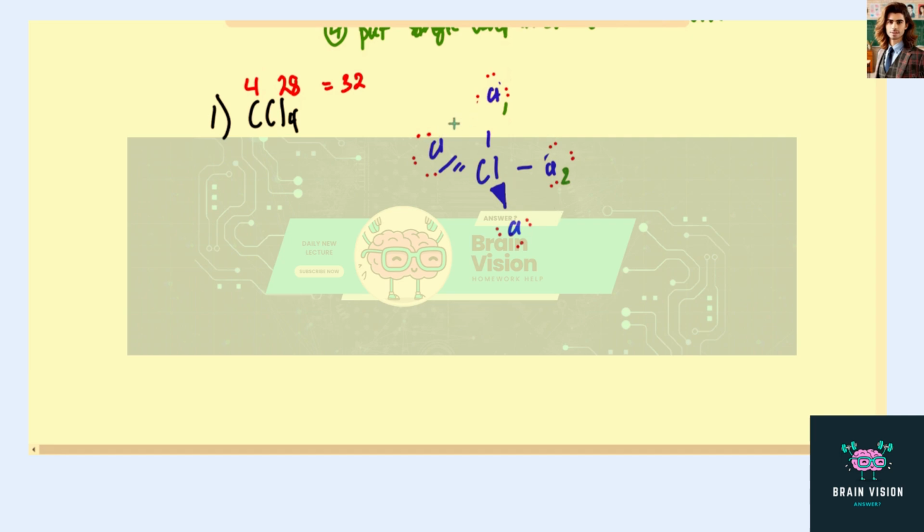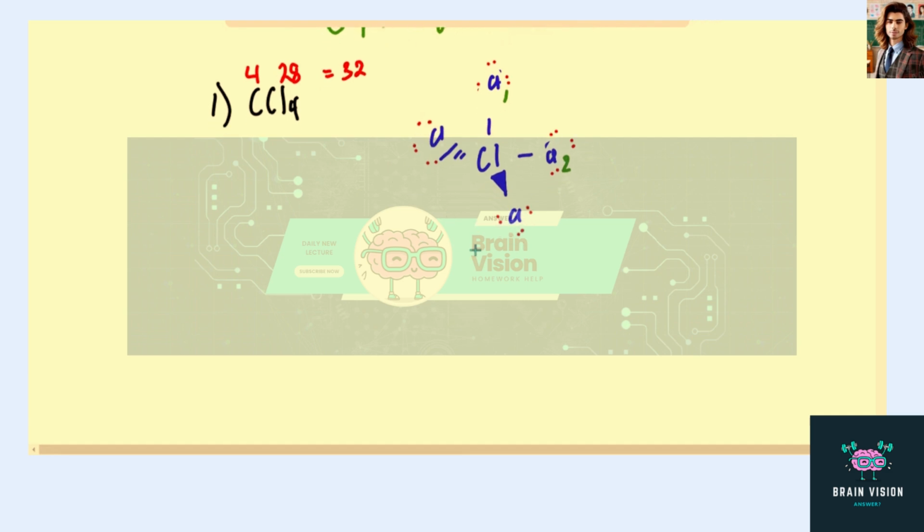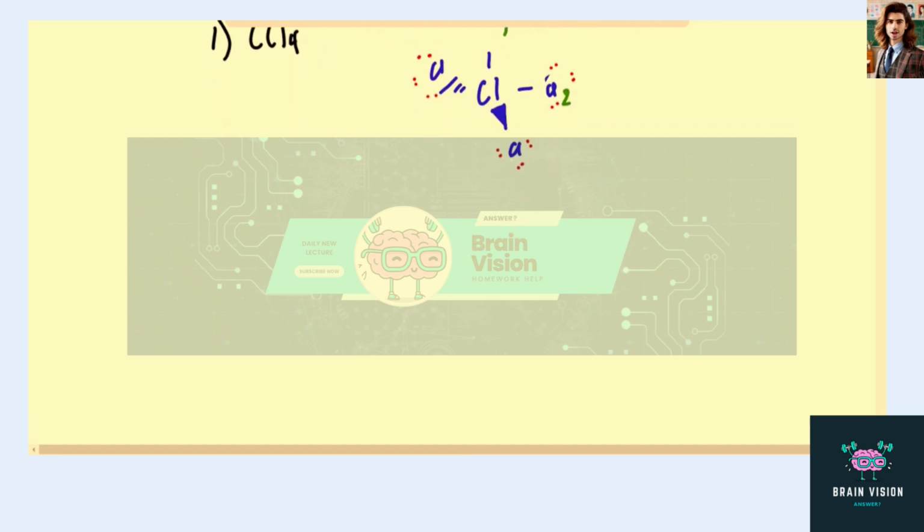Okay, now if we count all these up, each chlorine has 6 unpaired around it and 2 bonding. So 6 times 4 is 24, plus the bonding ones, which is 8. That's 32. I find it easier to add up the non-bonding first and then the bonding, because then you can easily multiply it. Sometimes it gets funky trying to count everything, but that is that structure.